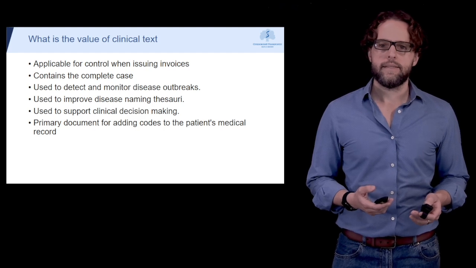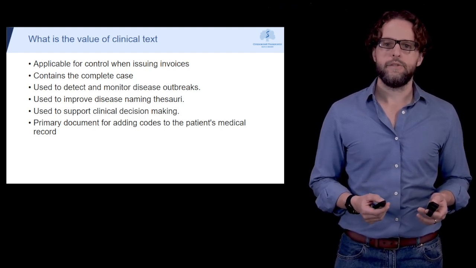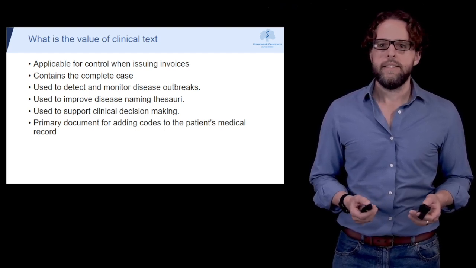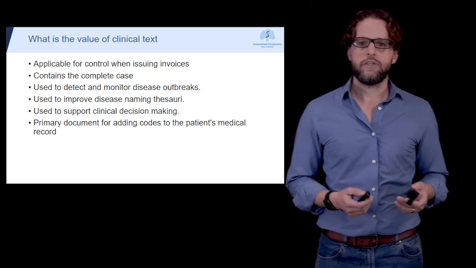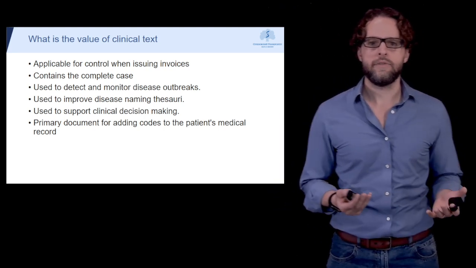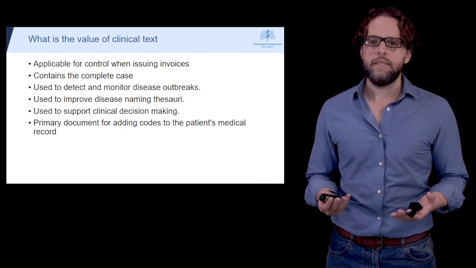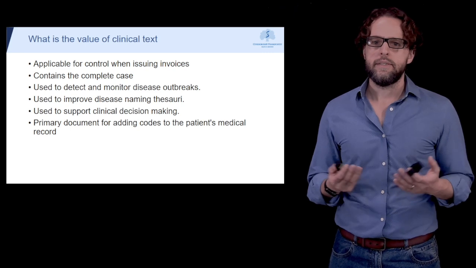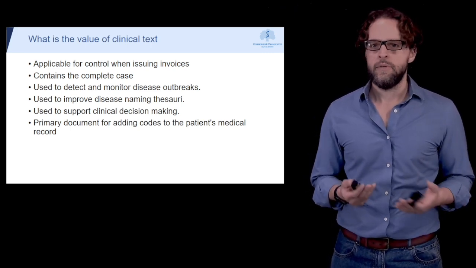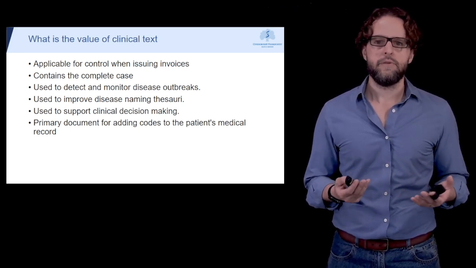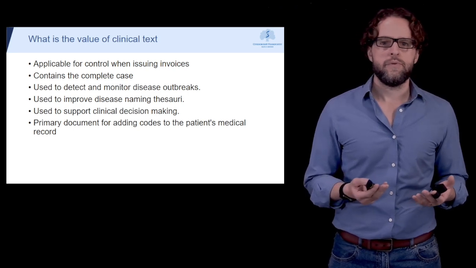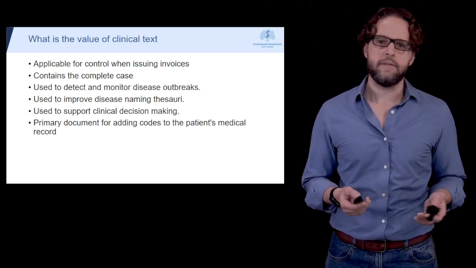So, clinical text can support clinical research by facilitating the construction of study cohorts. Clinical text could be used as a part of automated procedures for discovering new knowledge and to make us able to search for texts in specific patterns.